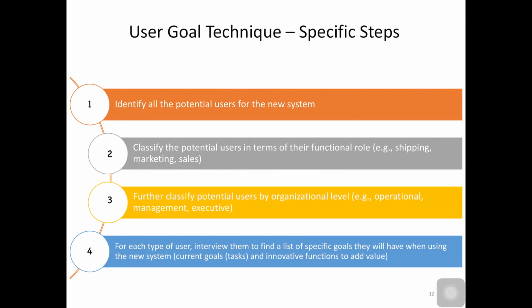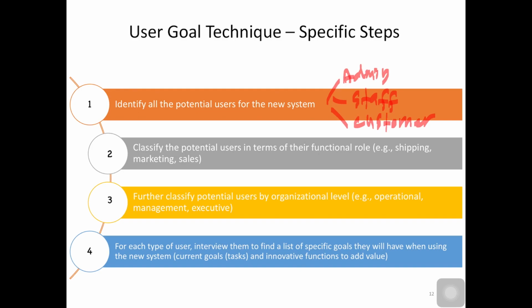Here are the steps to identify our use cases by using the user goal technique. First, we need to identify all the potential users for the system. Let's say we have identified that our system consists of the stakeholder, the administrator, staff, and also customer. Then classify the potential users in terms of their functional roles.